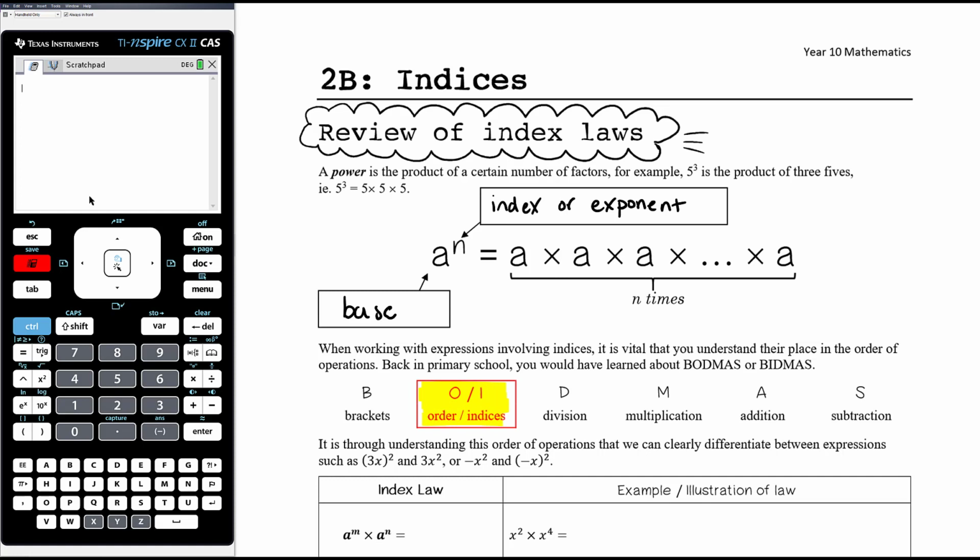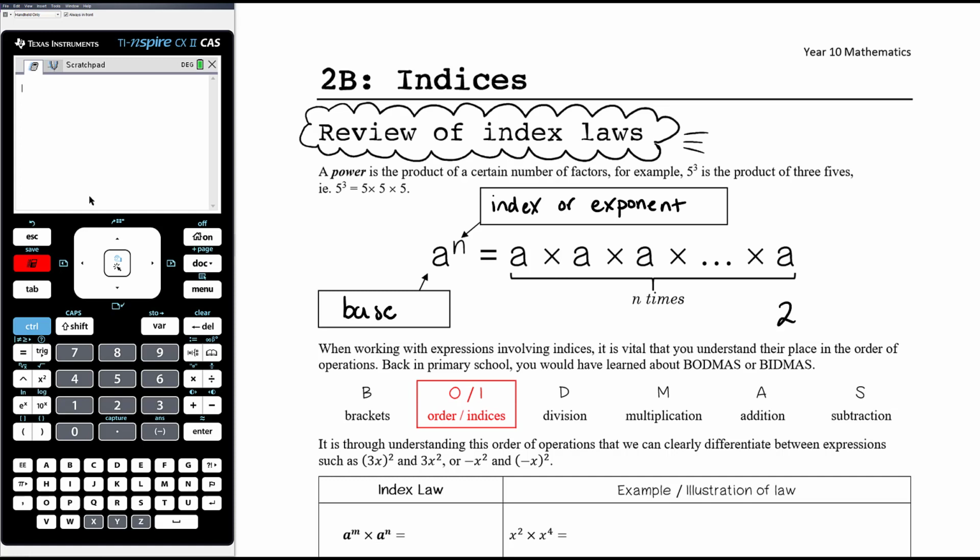And the old BODMAS, the letter O actually stands for order, okay? 2 to the order of 5 is the same as 2 to the power of 5. But that's quite an old-fashioned kind of language, and in fact, a lot of primary school teachers who still teach BODMAS tend to teach the O as being of, but it's not of, it's order, it's powers, it's indices, it's exponents, okay? So they happen after brackets.